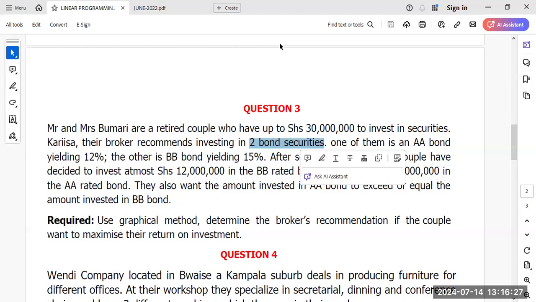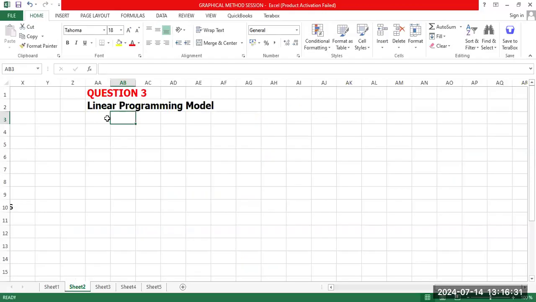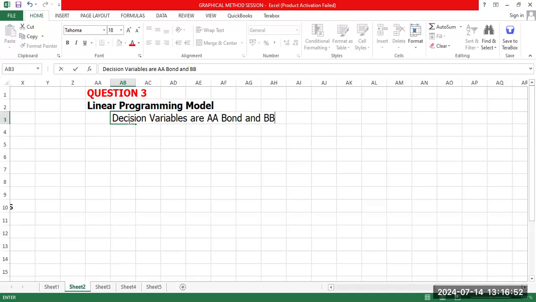So we come back here. Our decision variables are the AA bond and the BB bond.